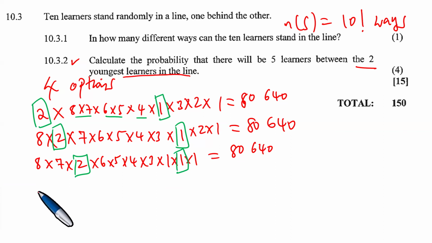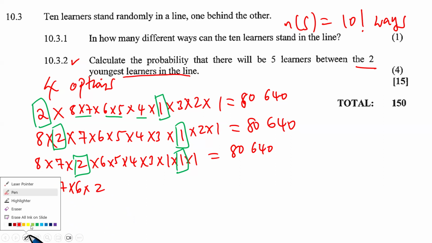Now let's look at this. Now you have 8 learners. We have separated the 2 out of the 10, so you're left with 8. Then the rest, the 8, you can organize in 8 ways, 7 ways, 6. Then we can put learner 2 there, for example.